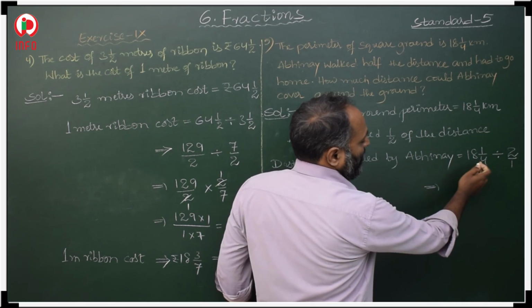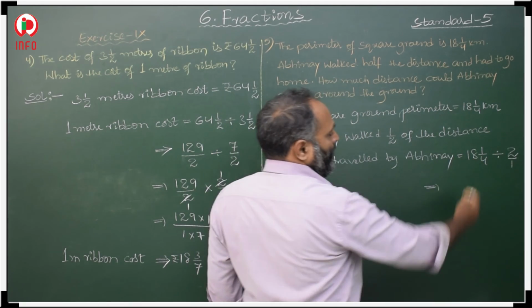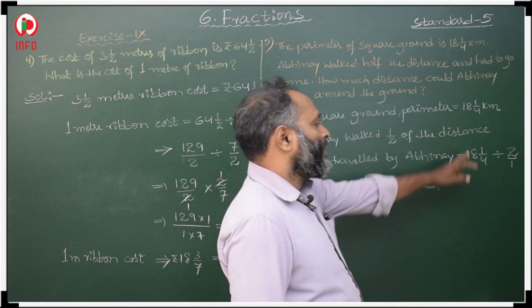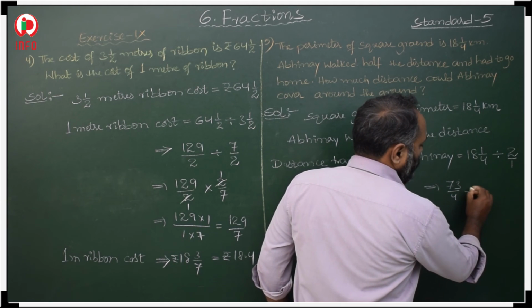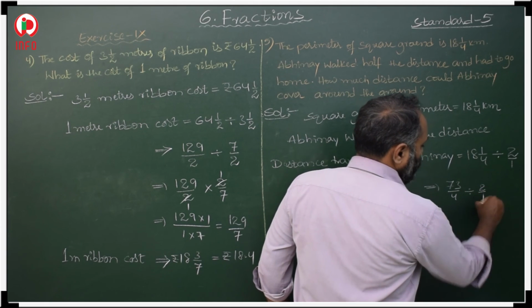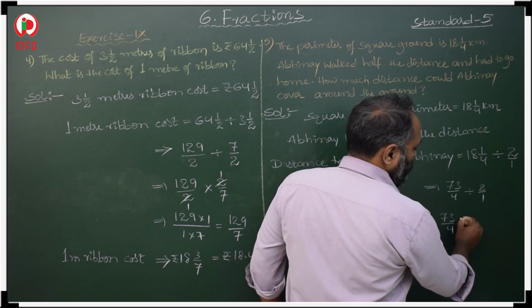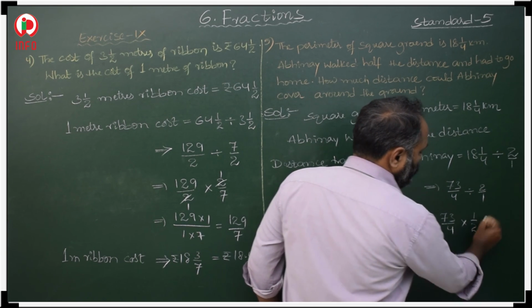Now we have to take 18 4s, so we convert this into an improper fraction. 18 4s are 72 plus 1, 73. 73 by 4 divided by 2 by 1. Then for 73 by 4, change the sign, and you will get the reciprocal of the divisor.